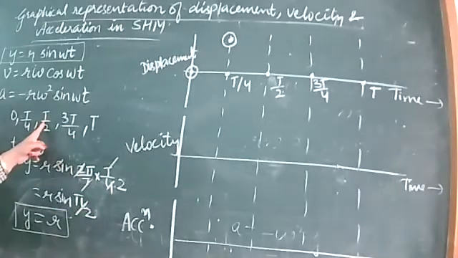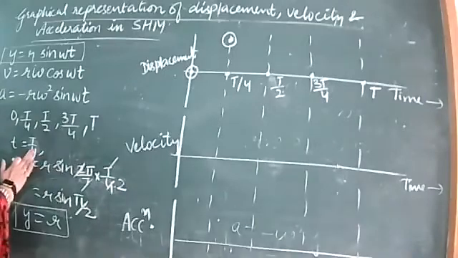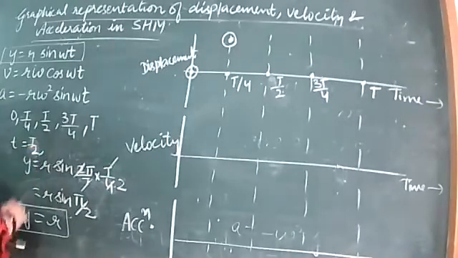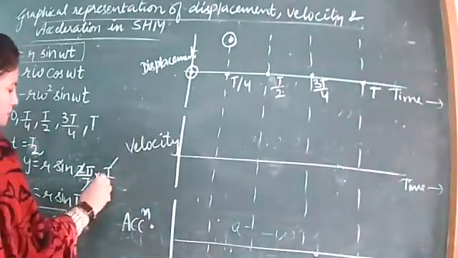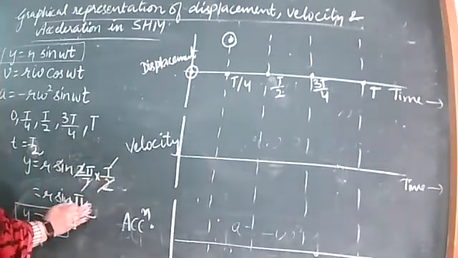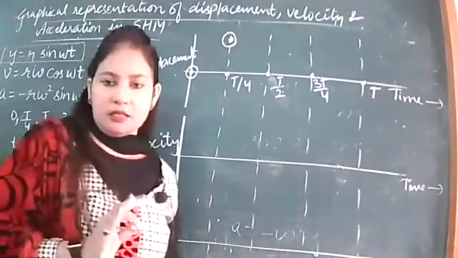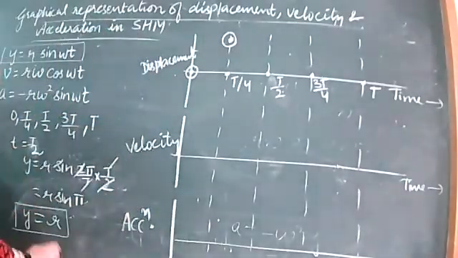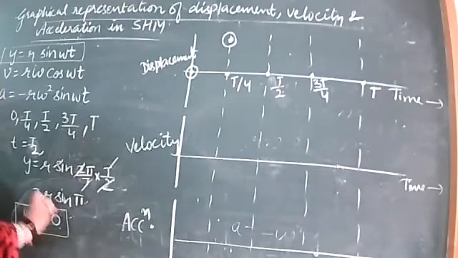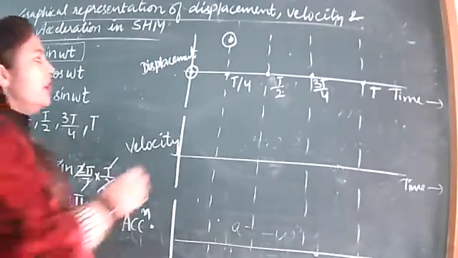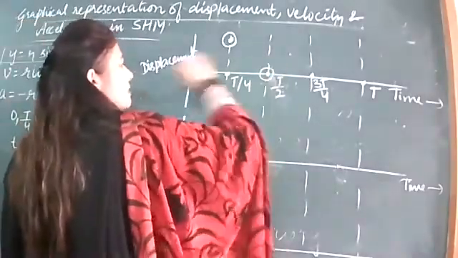Same way, now do this for T by 2. Put t equal to T by 2. This 2 gets cancelled and we get sin pi only. You know, sin n pi is 0. Sin 180 degrees is 0. So we again get 0 displacement here.